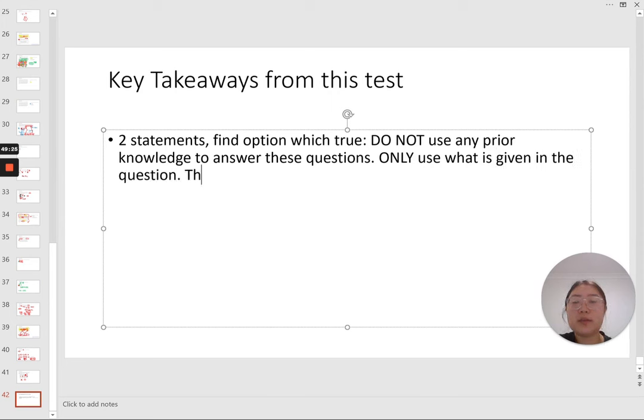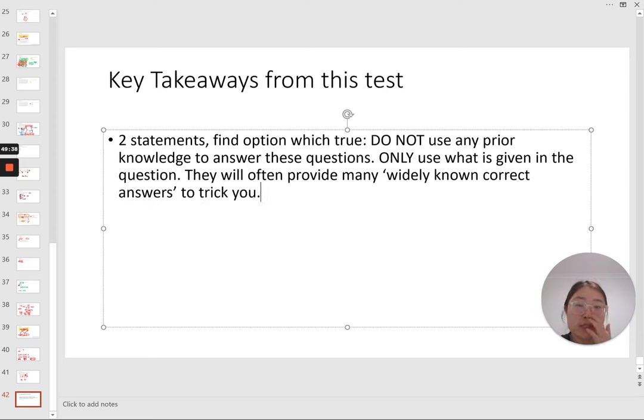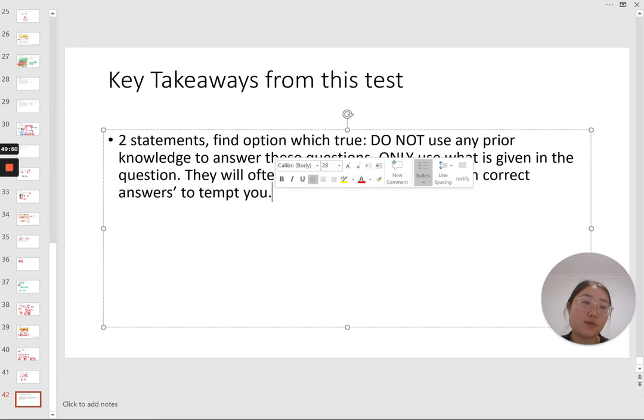They will often provide many widely known correct answers to trick you, to tempt you. So you need to make sure to only rely on what is given. Because it says based on these statements, even if what is given is false, you need to use it.